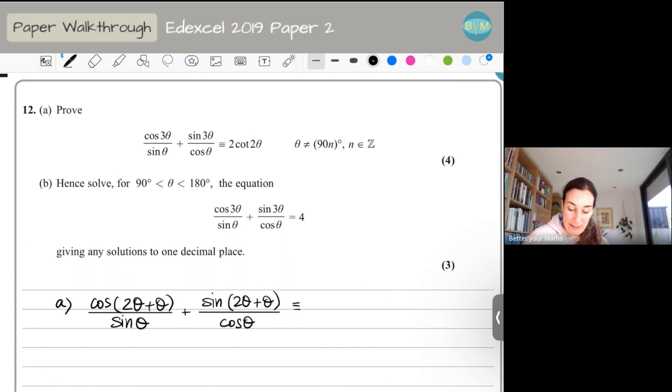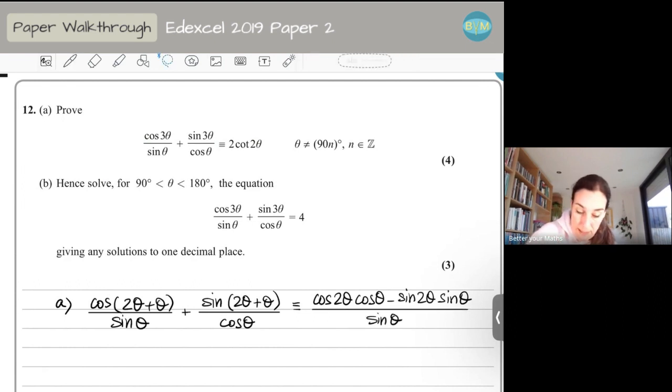So if I apply the addition formula to cos, it is cos cos minus sine sine. So I have cos 2 theta cos theta, and when it's a plus, it's a minus, minus sine 2 theta sine theta. I struggle sometimes with these questions, so you don't always get them straightforward.